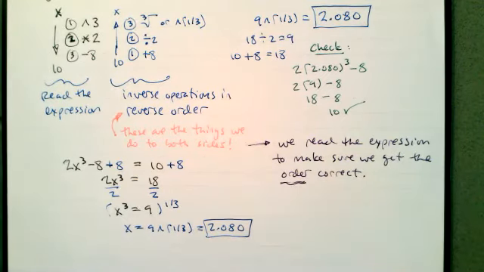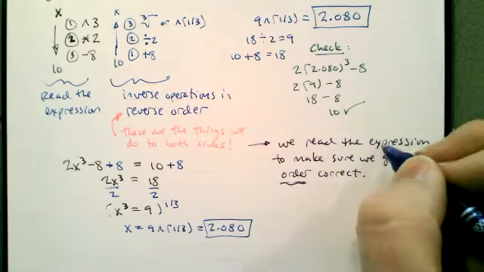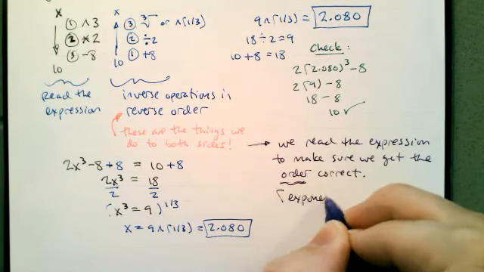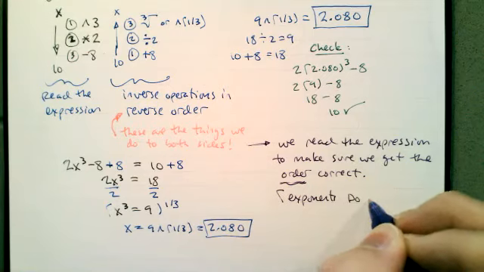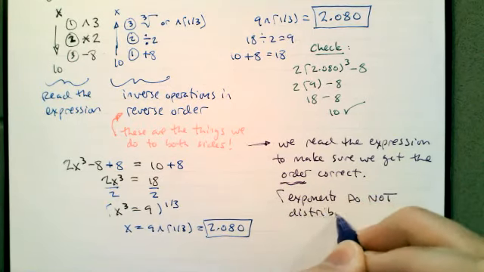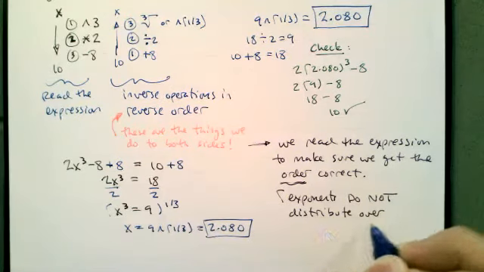The reason that we have to make sure we get the order correct is that some things we can't just switch around. Exponents do not distribute over addition. That's the reason that we have to make sure that we read the expression to get the order correct. Exponents do not distribute over addition.